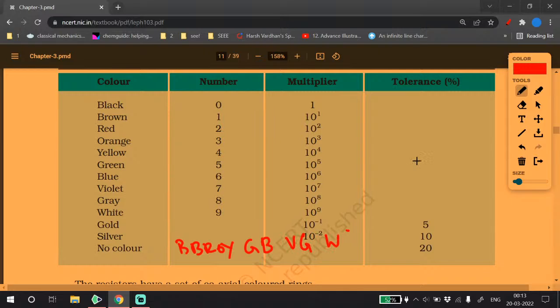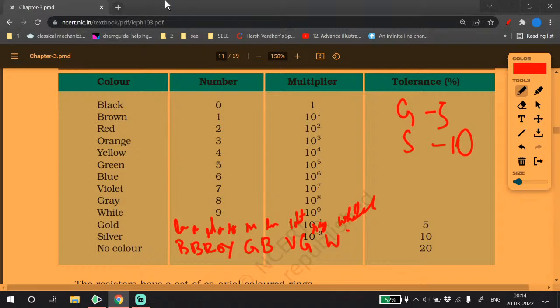So in the order: black, brown, red, orange, yellow, green, blue, violet, grey, white. So gold, silver. Gold is 5, silver is 10. Somehow I remember this, I don't know.